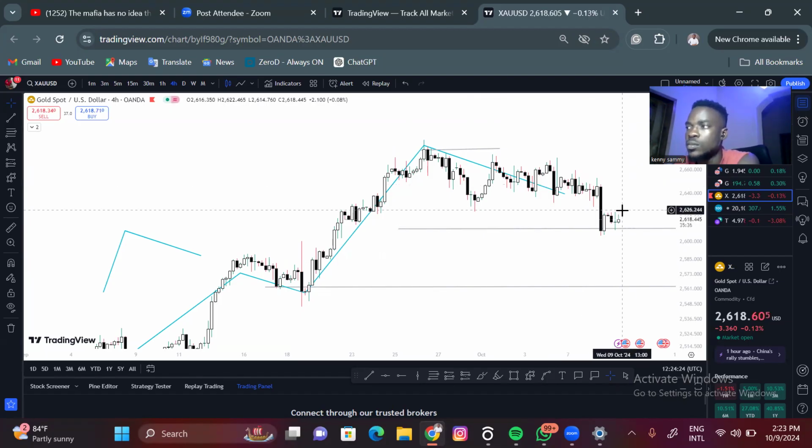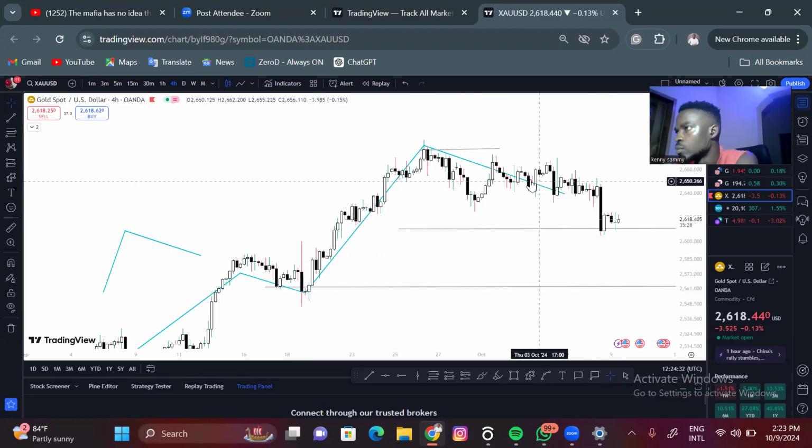What I'm trying to explain now is that when you have a lot of supply levels here, supply, supply, supply, very close at the same level of area, what is that indicating to us? It is explaining to us that there's a lot of supply already in this region. What should we be considering?